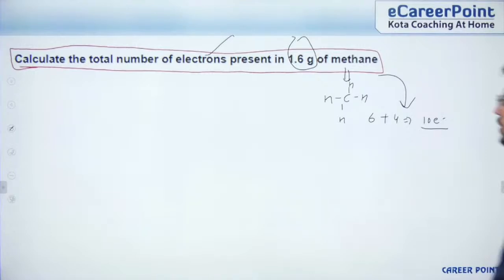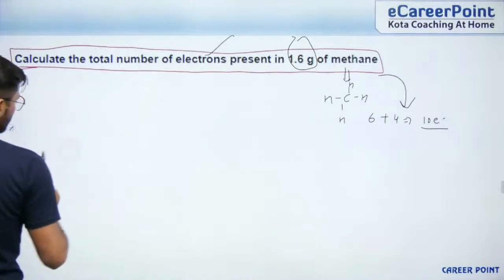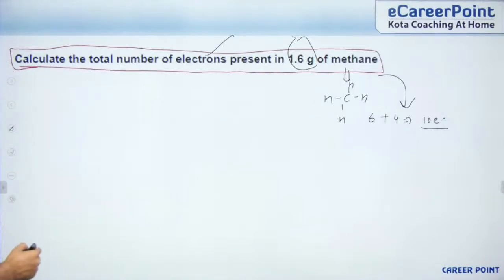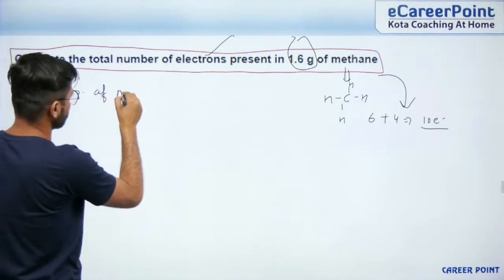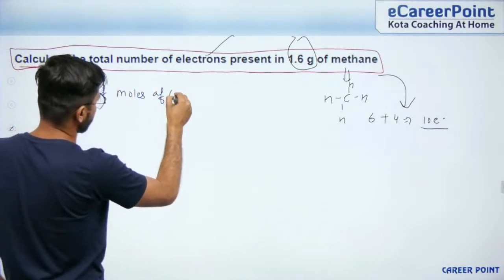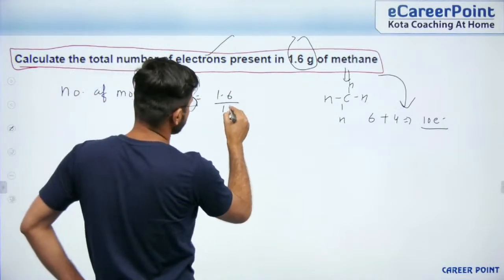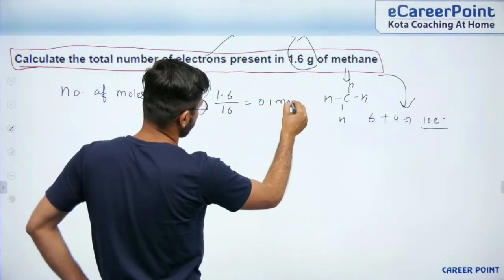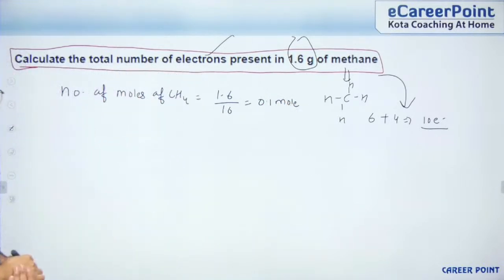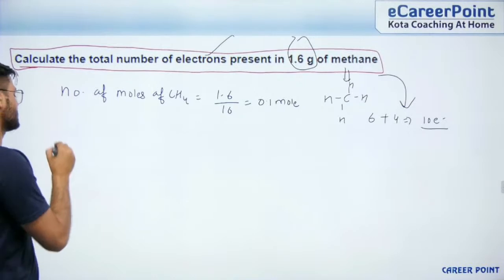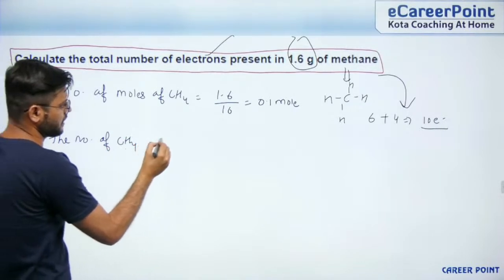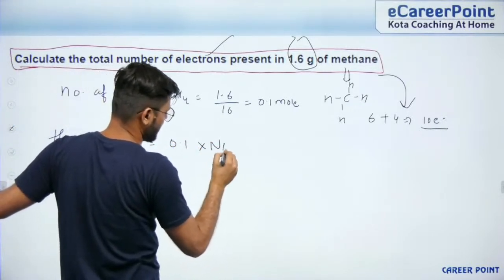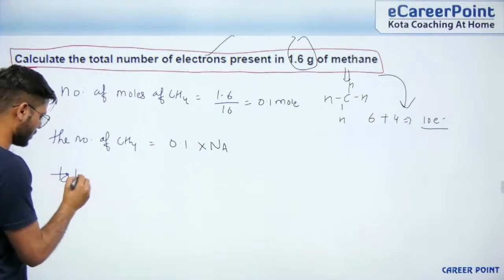Yes, 10 electrons. Now let's have a look into it. Total number of electrons present in 1.6 gram of methane. So number of moles of methane is 1.6 upon 16, which is 0.1 mole, and the number of methane molecules is 0.1 mole into Na.